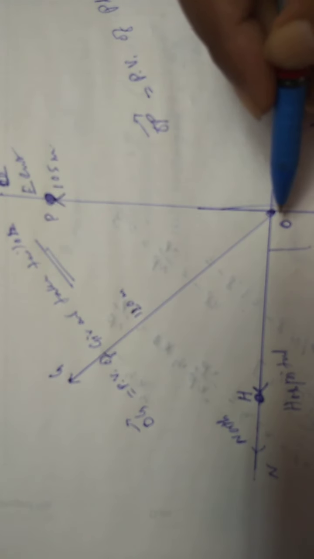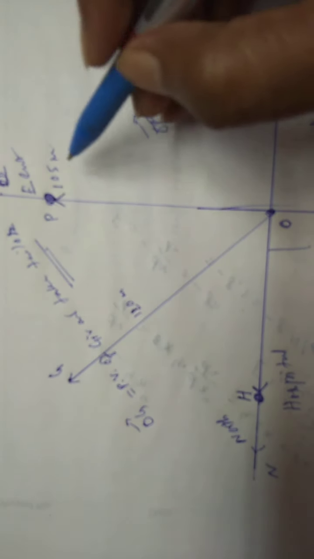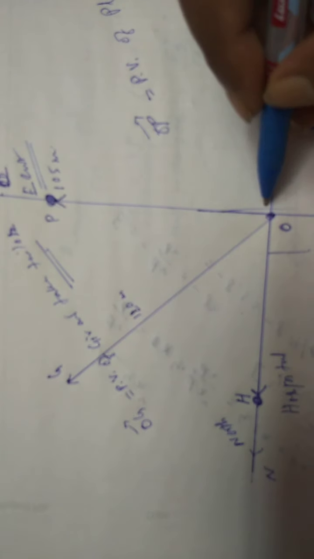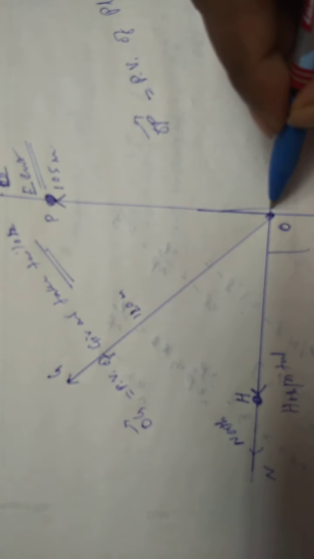Here, from your school gate, we'll draw a vector of the playground which is in the east direction and at a distance of 105 meter from your school gate.